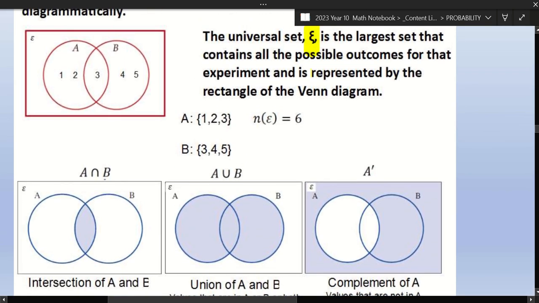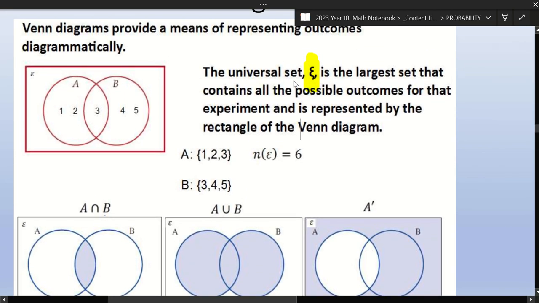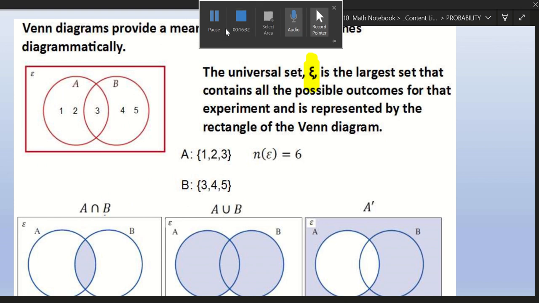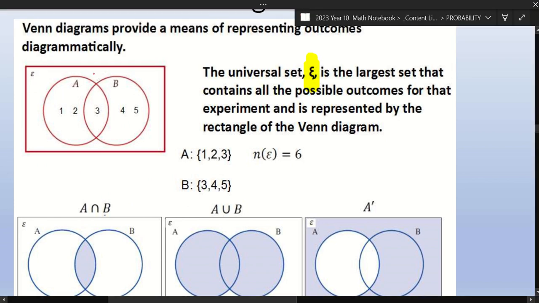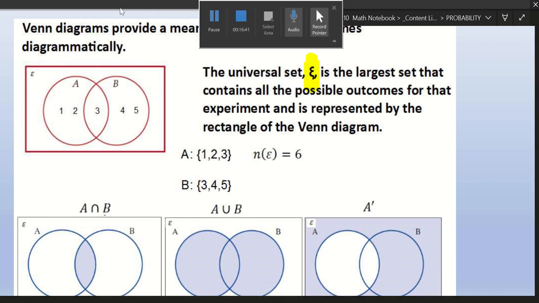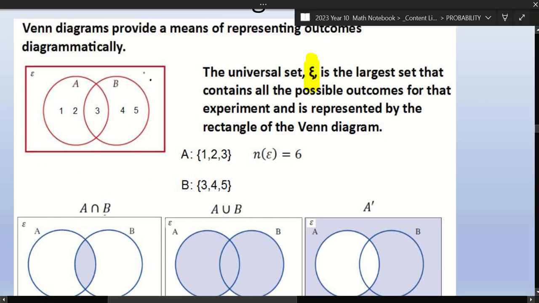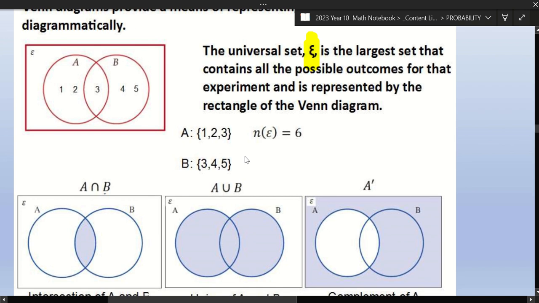So that little squiggle, normally you'll find that up here somewhere in your Venn diagram. In here, they've put it up here. I like to draw it outside of the Venn diagram, but it really doesn't matter, as long as you write a little symbol that looks like this, yeah? It's like a little backwards 3, and you tell me how many numbers altogether. Okay, and I'll explain it shortly.